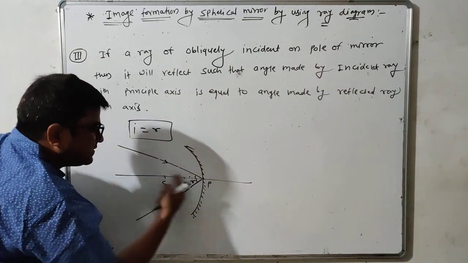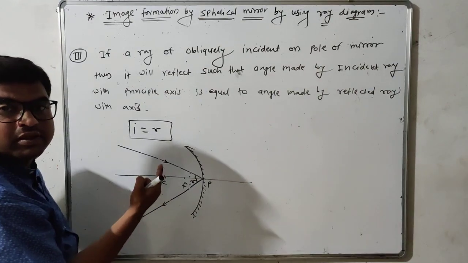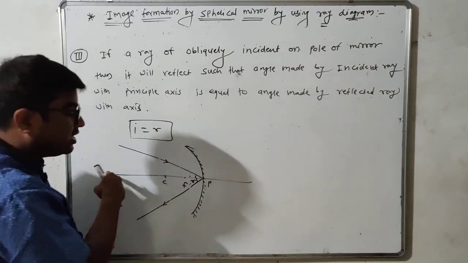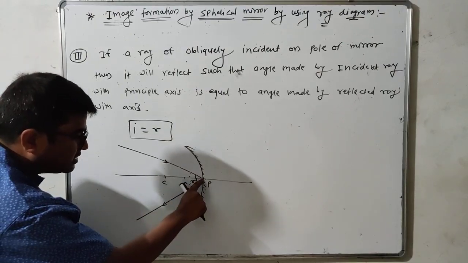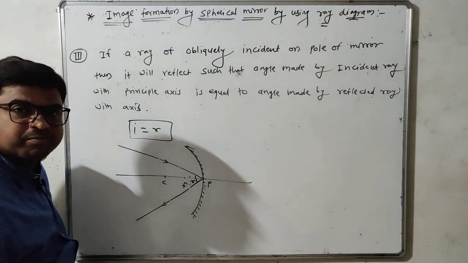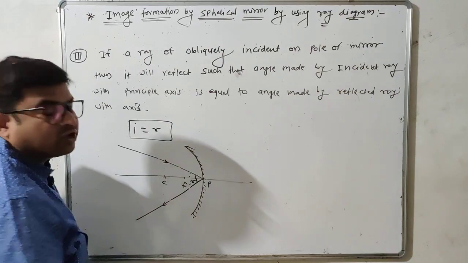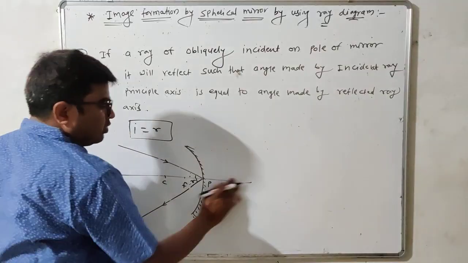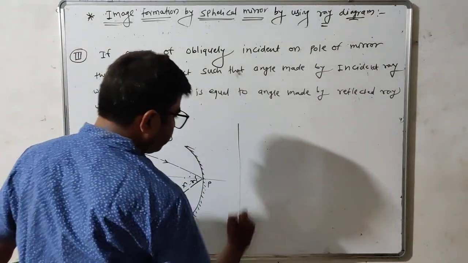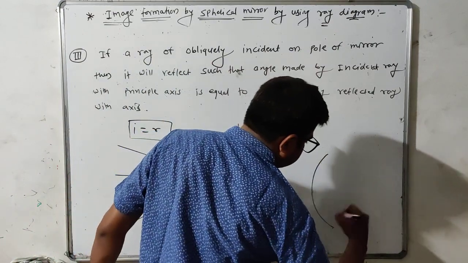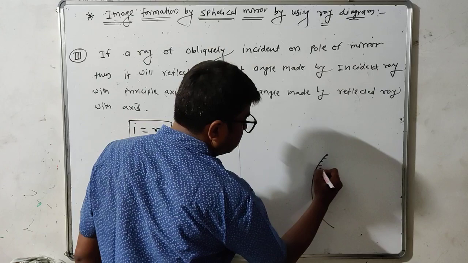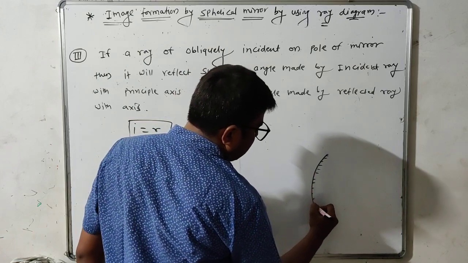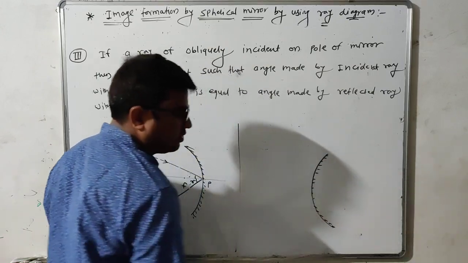Because the principal axis in this case plays the role of the normal drawn from the point of incidence to the reflecting surface. Got it? Now let us understand this also in the case of the convex mirror.